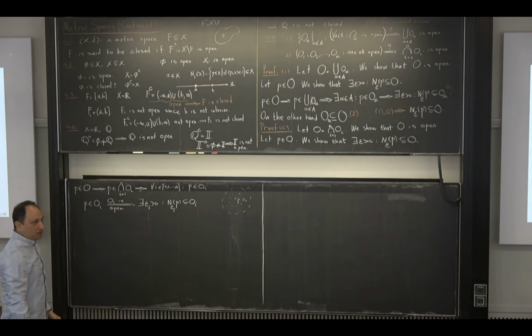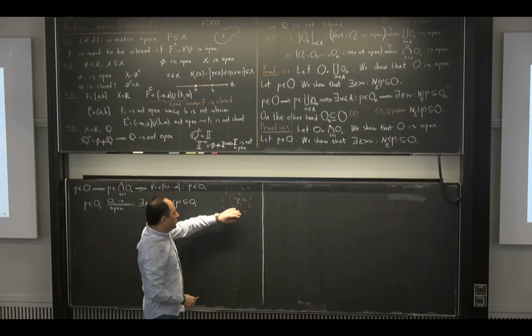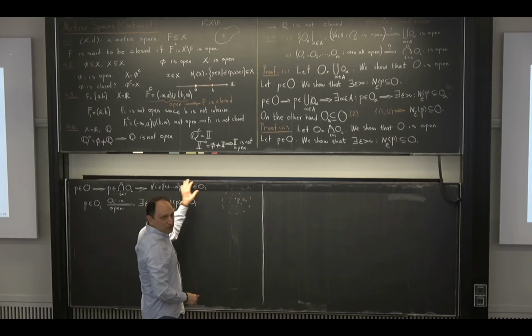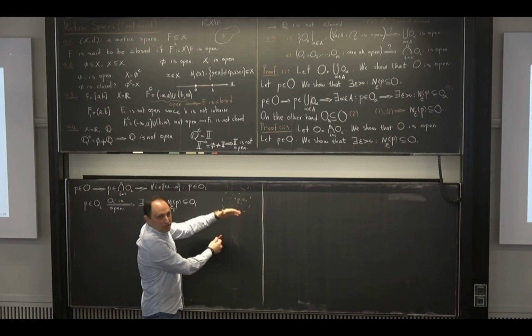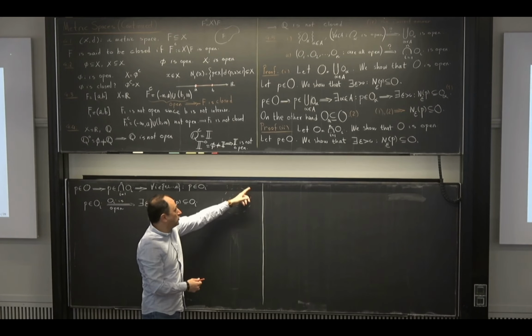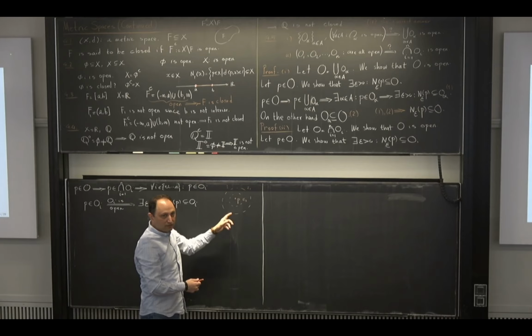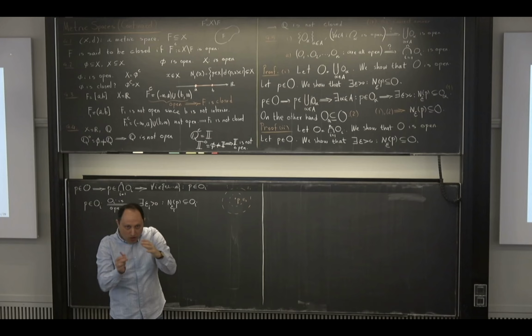Can you come up with that one? The smallest epsilon I. Yes. Because we know that each one of them is in its corresponding O. If I pick the smallest radius of all these radii, then definitely that will be the smallest one.